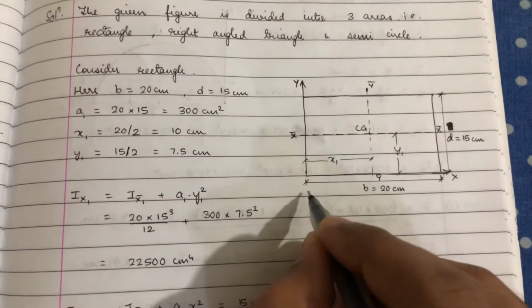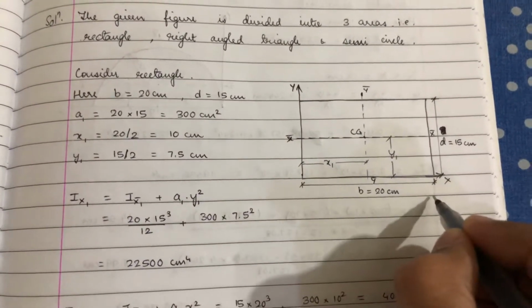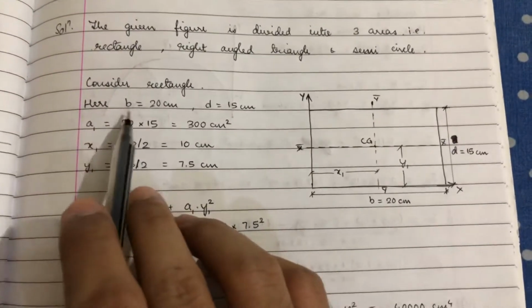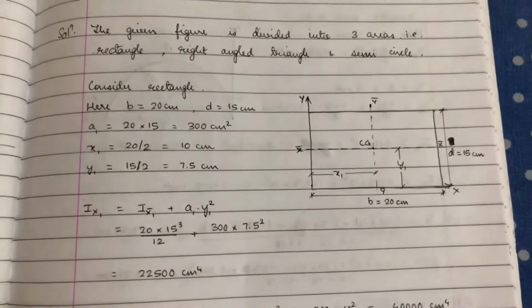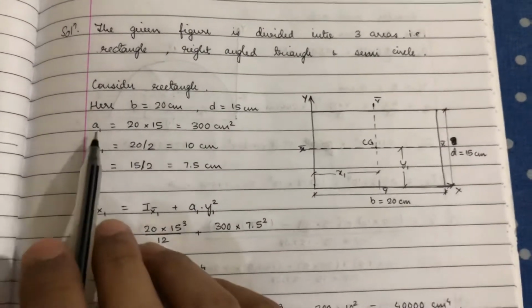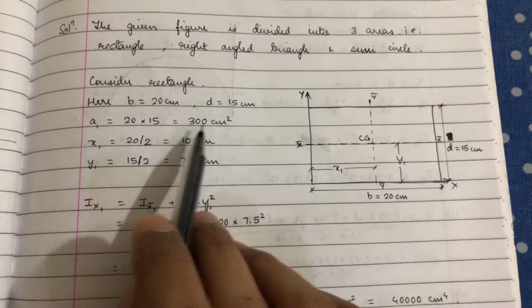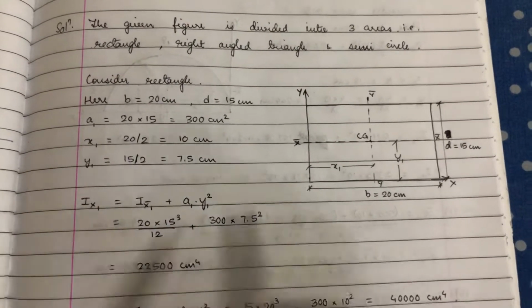The rectangle has a width of 20 centimeter and a depth of 15 centimeter. So here B is equal to 20 centimeter, D is equal to 15 centimeter. So area of the rectangle A1 is equal to 20 into 15, that is equal to 300 centimeter square.